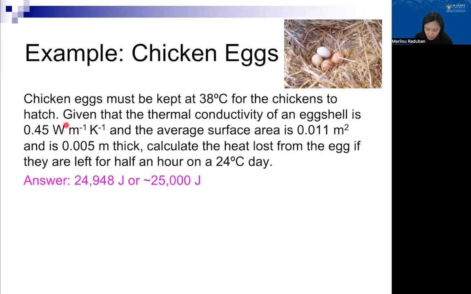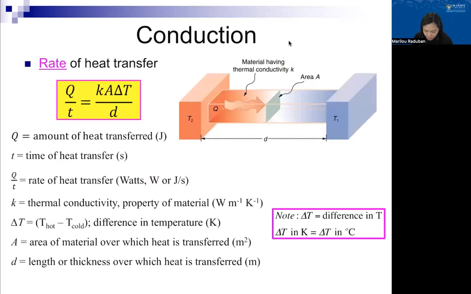Okay, so this is a new unit I need to introduce. Watts, or capital W, is the unit for rates of heat transfer. The standard unit for watts is joules per second. Joules, of course, is the unit for heat, Q, and second is the unit for time.